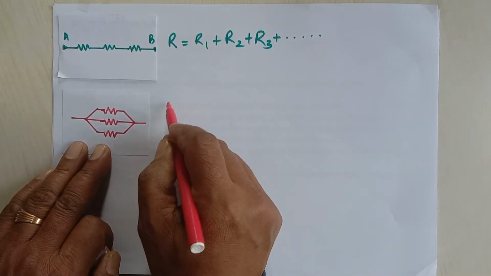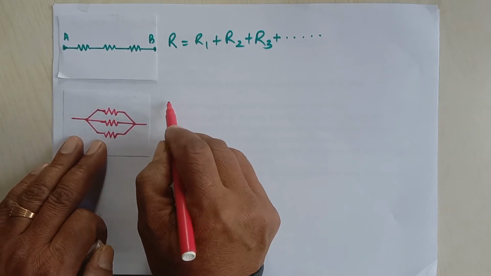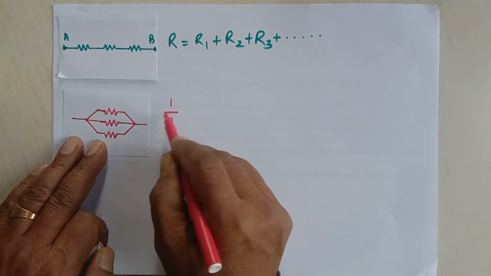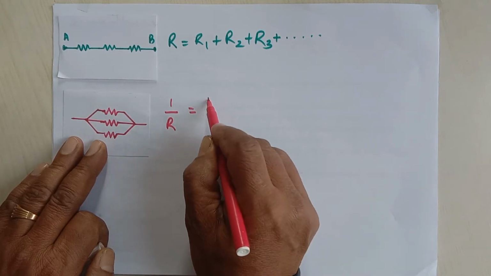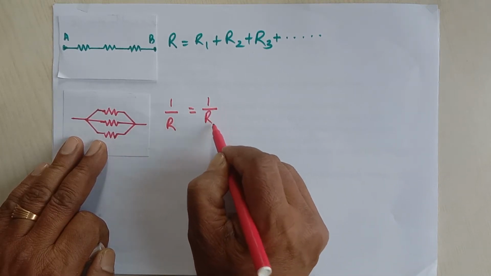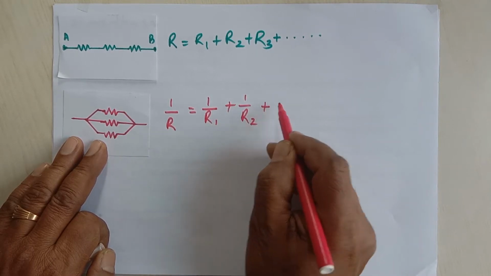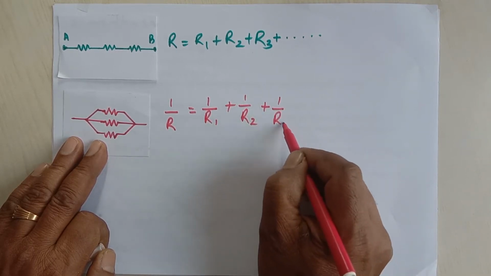If we have to find the total resistance, then we can use this formula: 1 by R, where R is the total resistance, is equal to 1 by R1 plus 1 by R2 plus 1 by R3 and so on.